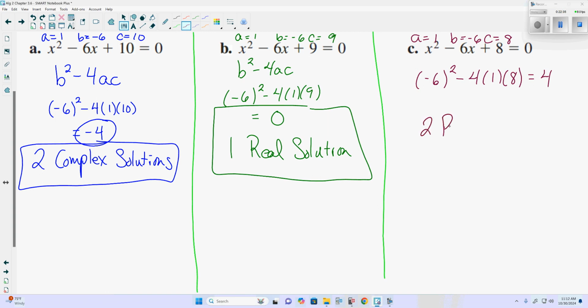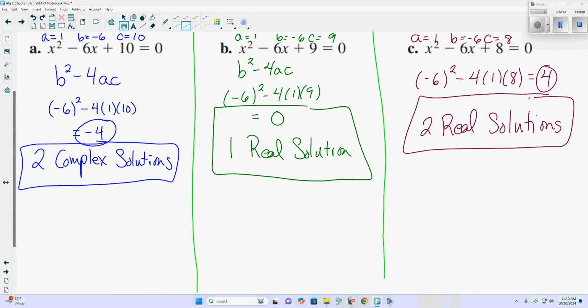So that's 2 real solutions. Yep. Yeah, because negative 6 squared is positive 36. Negative 4 times 1 is negative 4. Times 8 is negative 32. So 36 minus 32 is indeed 4. Questions on this here?